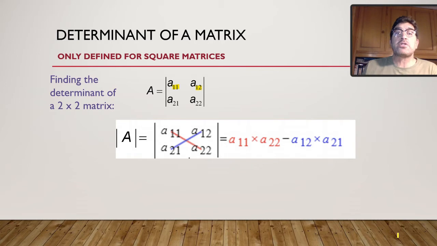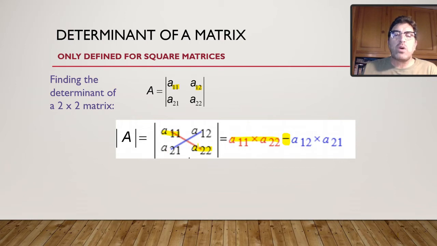So to find the determinant, all you do is sort of like a cross product. You say A11 multiplied with A22, and, very important, you subtract it from the product of the other two.